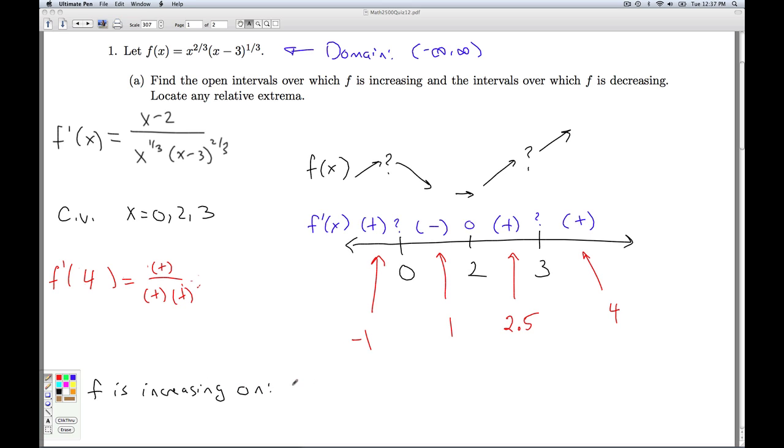Well, minus infinity up to 0. And then from 2 to 3 along with 3 to infinity. But since the function f is actually defined there, then it's increasing everywhere from 2 on out. So I can glue those intervals together because f is defined at 3. f is decreasing on the interval 0 to 2.